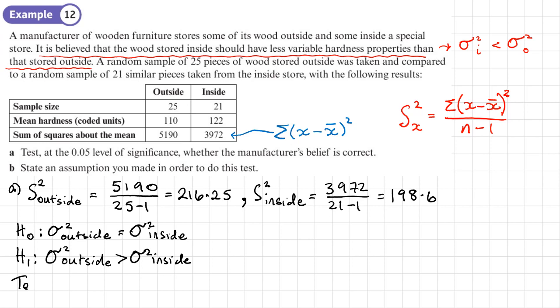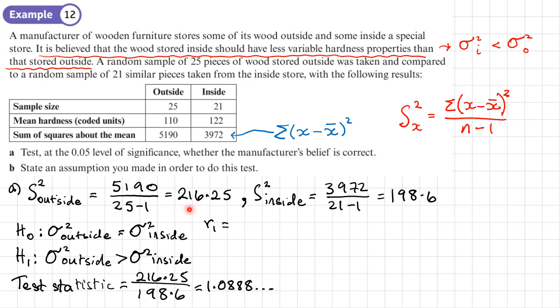I'll now calculate my test statistic and work out whether it's in the critical area or not, and that is going to be, remember, my larger variance 216.25 divided by my smaller variance 198.6, and that gives me 1.088 and so on. Okay, so I'll just keep that value there. Now I want to work out what my degrees of freedom are for my F distribution.